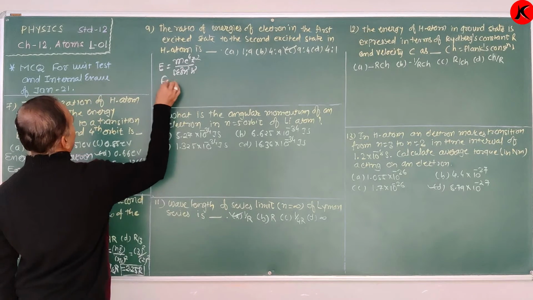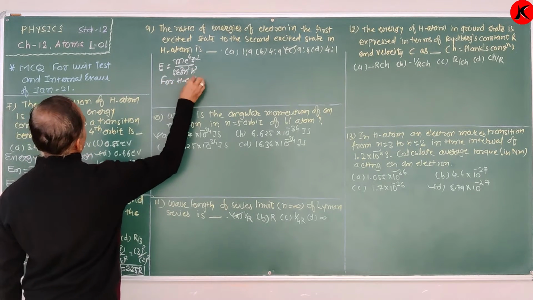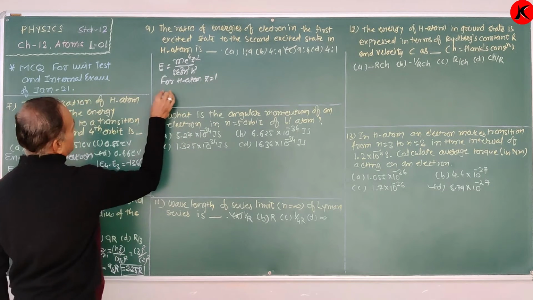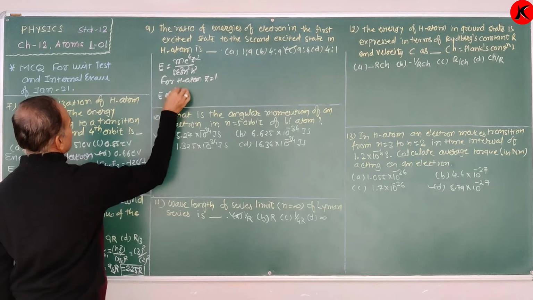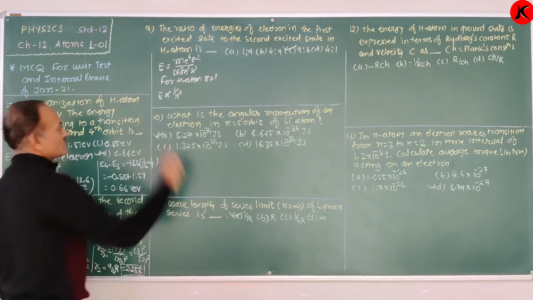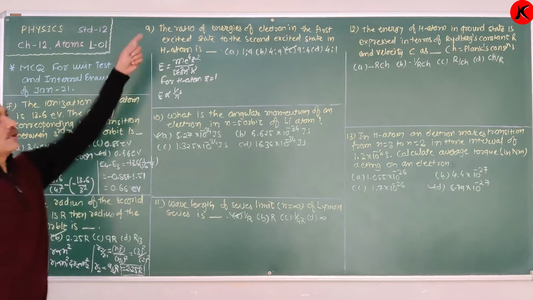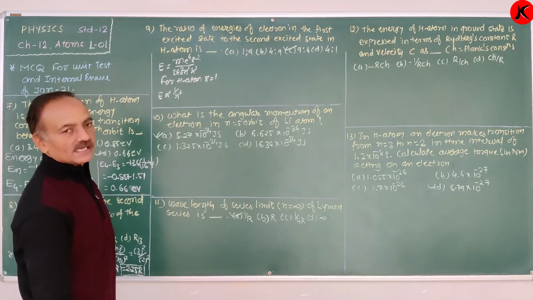For H atom, Z is equal to 1. Therefore, energy is inversely proportional to n square, the orbit number. Now, for first excited state, N1 is equal to 2.